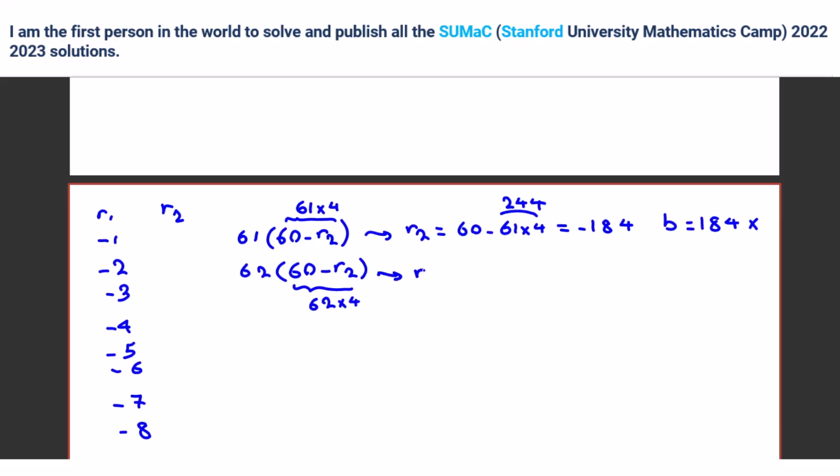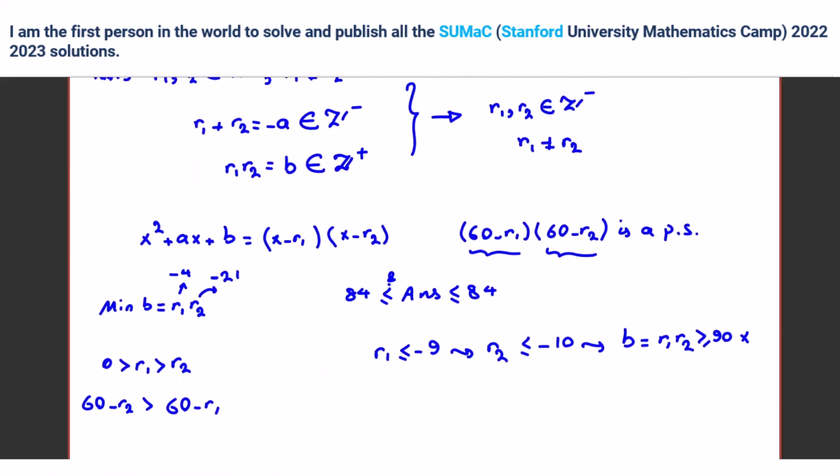So R2 here is 624 minus 60, which is negative 2188, right? So B is 2 times 188, which is large. Like this, you check all of them and you find the minimum is for negative 4, which is 84, right?